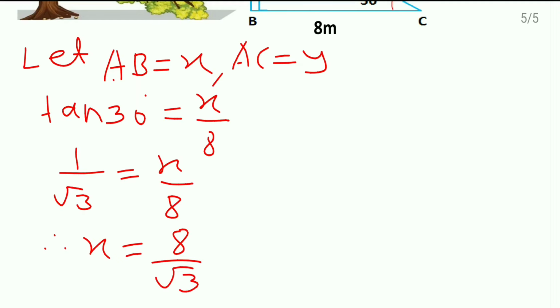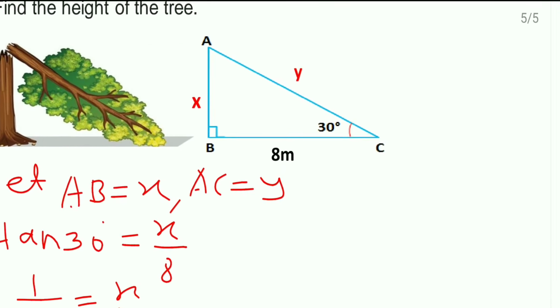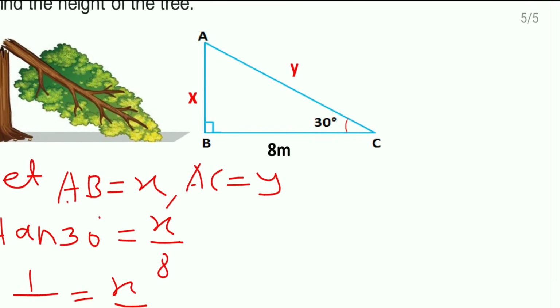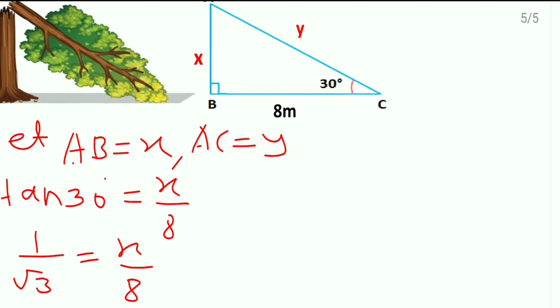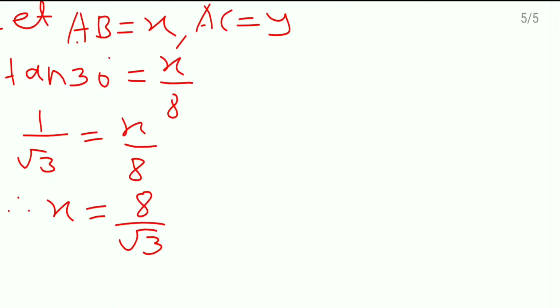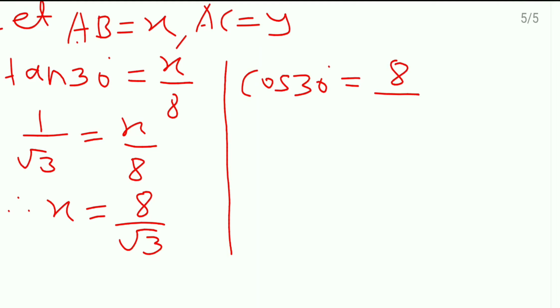Now, see the other one. To get the value of y, I will use cos 30 degree. So here cos 30, I'll write it down. Cos 30 degree which is equal to adjacent side divided by the hypotenuse. Hypotenuse which comes as y here.